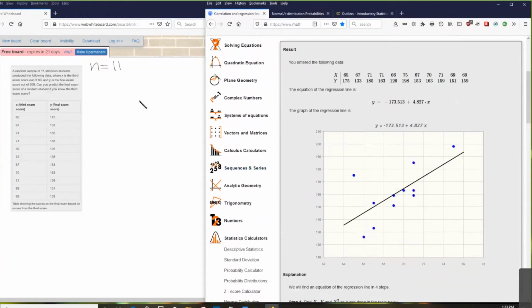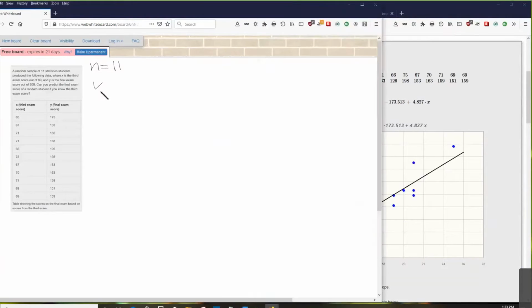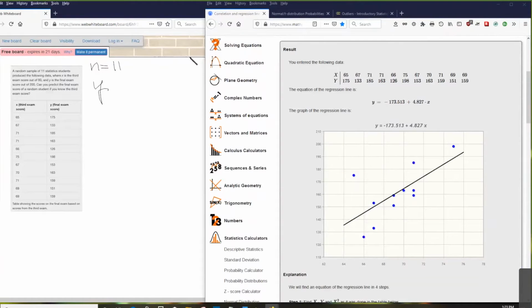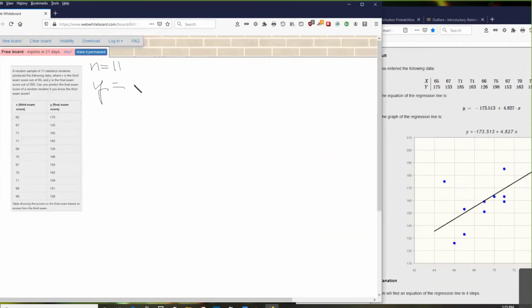Okay, so using our calculator, we were able to calculate that our equation, the best fit line, is y = -173.513 + 4.827x.